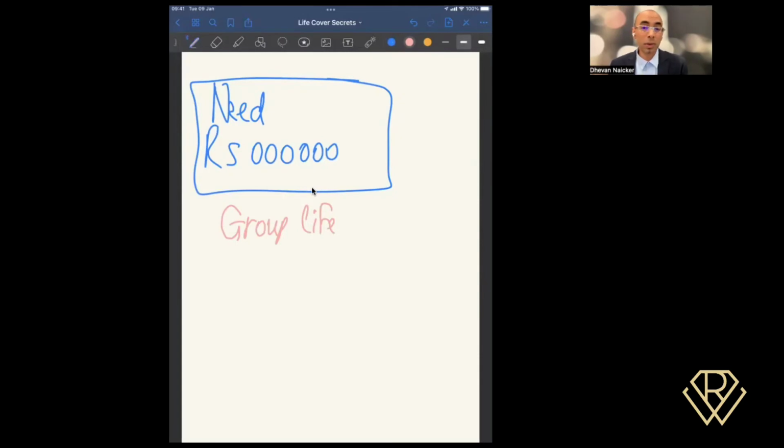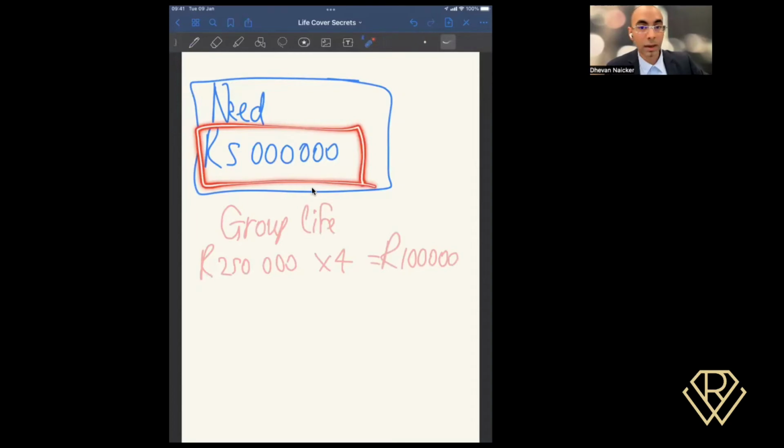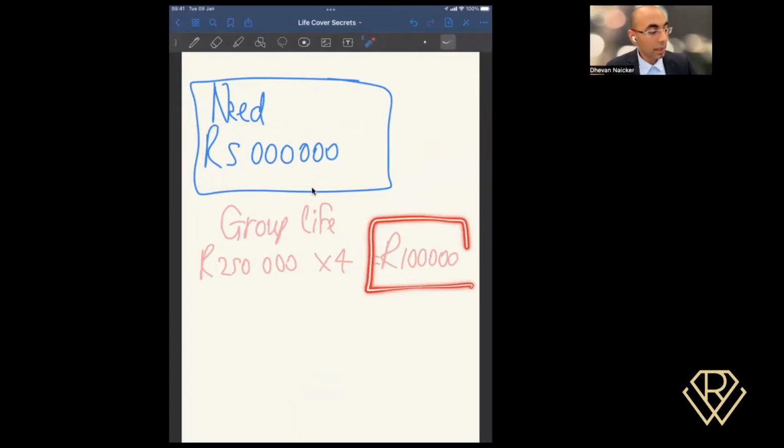Usually this works as a multiple of your salary. So it could be 3 times your annual salary or 4 times your annual salary. In our example, let's assume that it's 4 times your annual salary, and we'll say your annual salary is 250,000. Again, we're just using an example. So 250,000 times 4, that gives us R1 million. Now, if you look at what's transpiring here, you have a need for 5 million Rand cover, but you already have R1 million in place, which means you just need to cover the amount that is short.